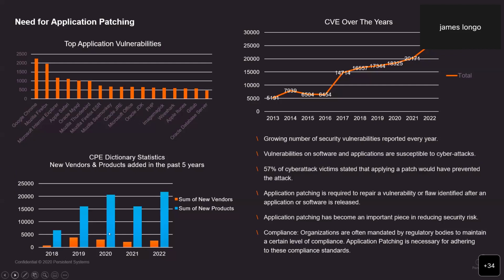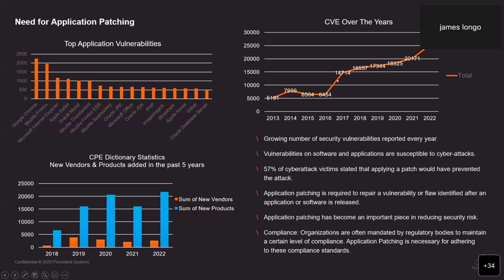Here we can see some statistics for some of new products, and it's pretty incredible. In 2022, we had over 20,000 new products and new vendors, right? So every year, this is just going to get larger and larger. And over here, this is a very interesting graph in that we see from 16 to 17, a huge jump.